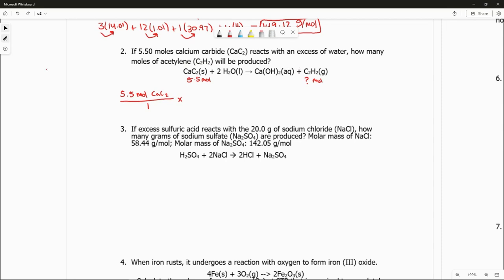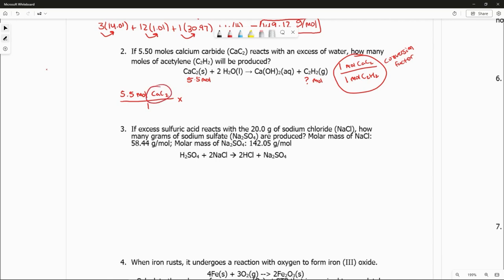So our conversion factor is 1 mole CaC2 is equal to 1 mole of C2H2. This is our conversion factor for this equation, and we're going to use it in our dimensional analysis here.